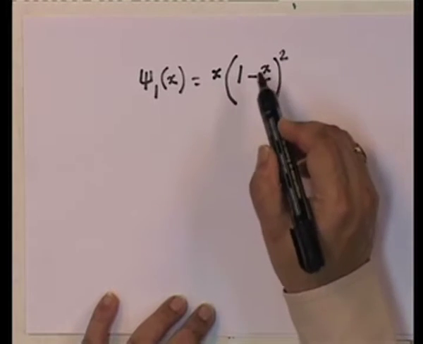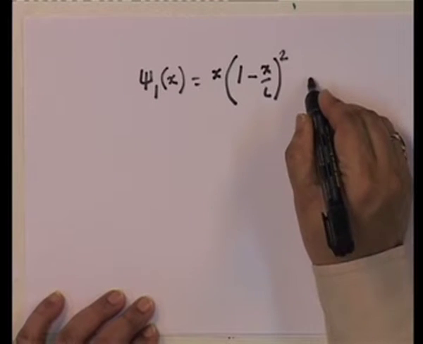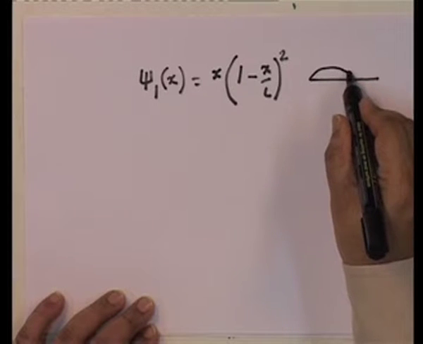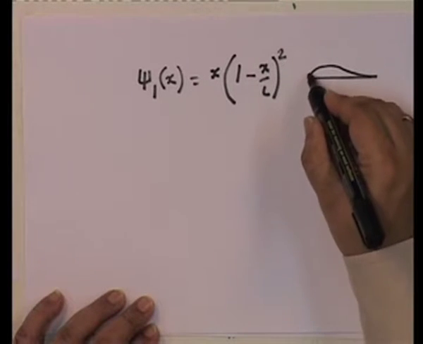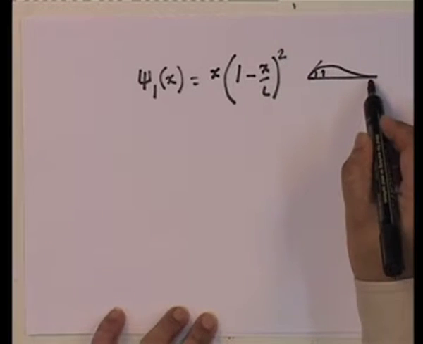Okay. If we look at this, what is this supposed to be? If you look at xi 1 x, this is where V 1 is equal to 1 and all others are equal to 0.